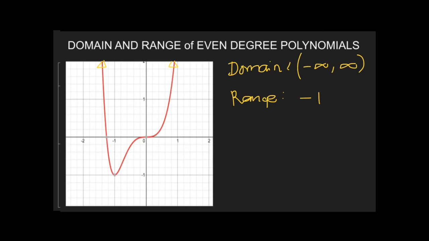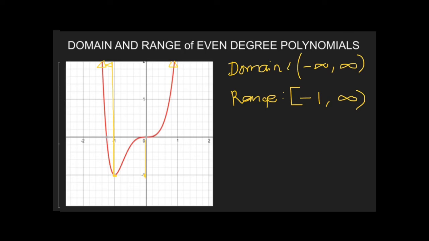So we have here -1, comma. So take note that from the bottom, the lowest y value is -1. So we're going to move up, and what values are there as we move up? These are positive infinity. Enclose it with a parenthesis.